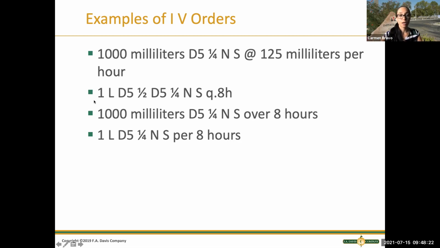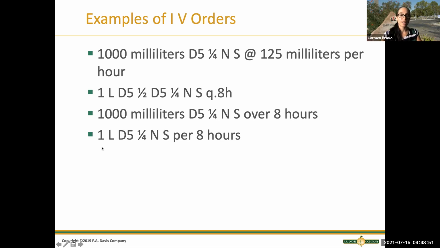This is another order, 1 liter of D5 and 1/4, dextrose with normal saline, every 8 hours. And just so you know, guys, these bags are already pre-made. We just have to choose the bag with the type of solution. Then we have 1,000 mLs of D5 and 1/4 every 8 hours. So it's written differently, but we still have to be able to figure it out.